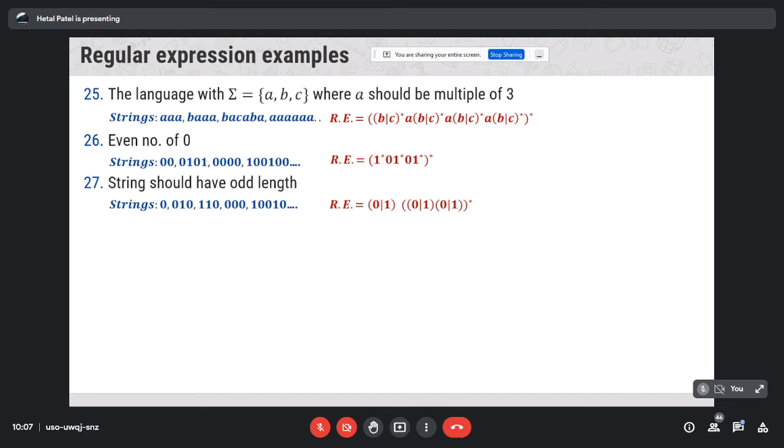Either I'm accepting 0 or 1. That's an odd length, right?